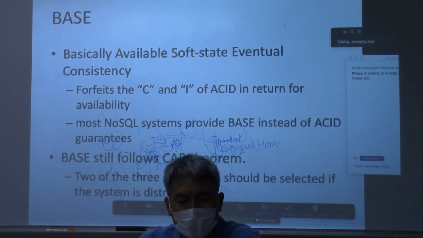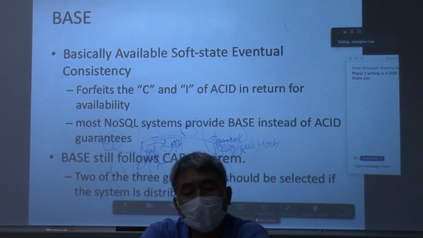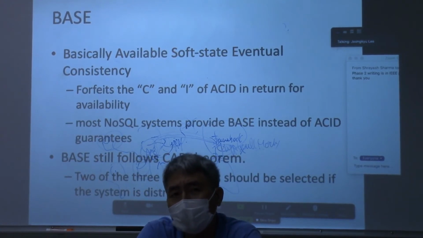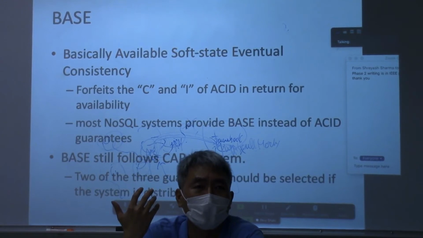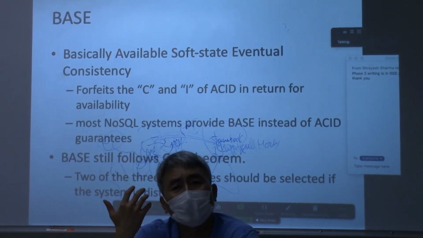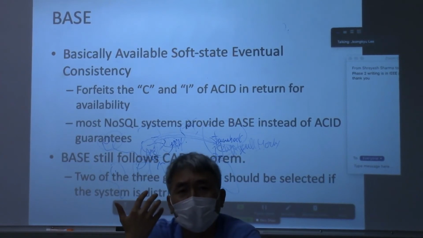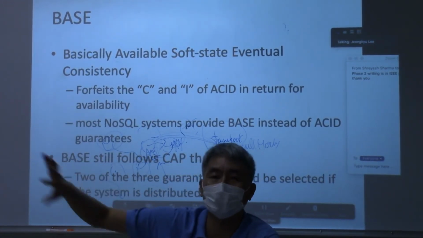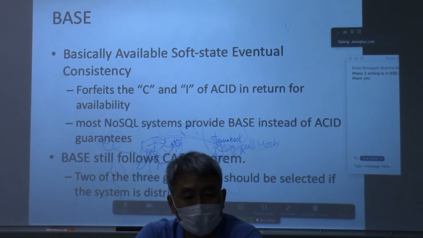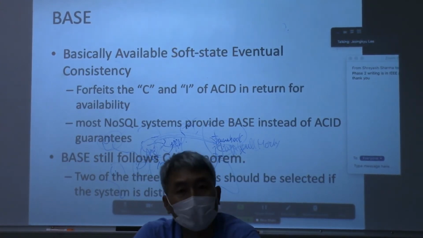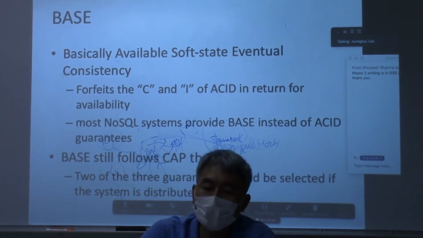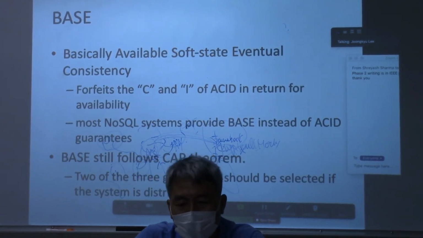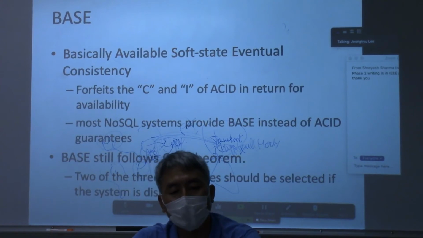So then, among the ACID concepts, what will be the important part? The system should be available. If Facebook does not respond to anything, it will be prime time news, right? Availability is more important than consistency in such data. So most NoSQL databases or distributed database systems provide BASE rather than ACID.